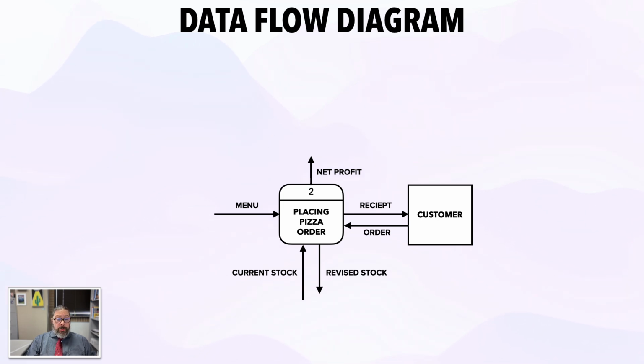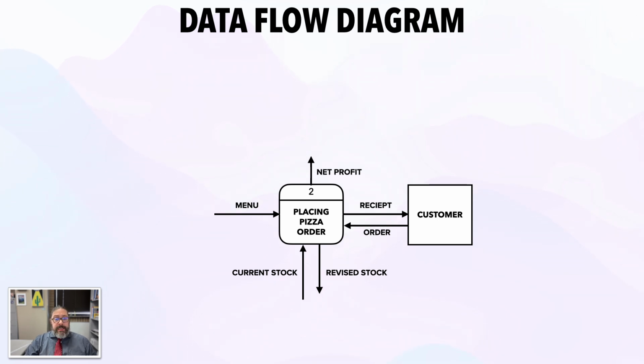So the order data originates from customer, and the receipt information is outputted to customer. And so customer is what we call an actor or an external entity. It's not part of a process, but rather it is the originator of data, and it is the ultimate destination for the information that's produced from a process.